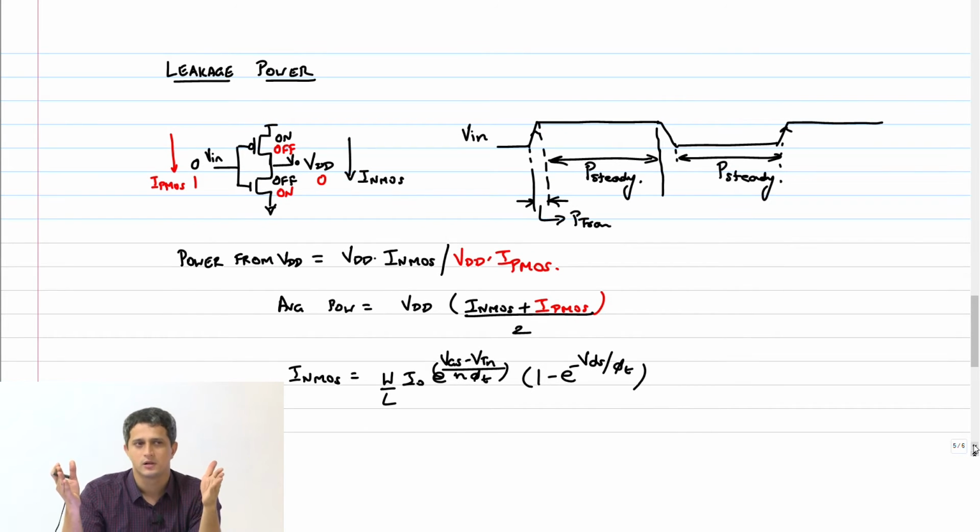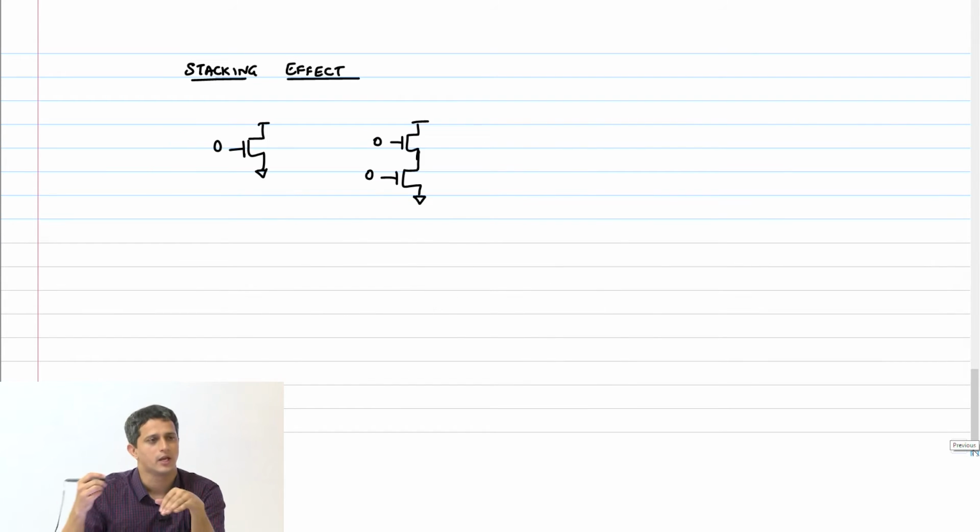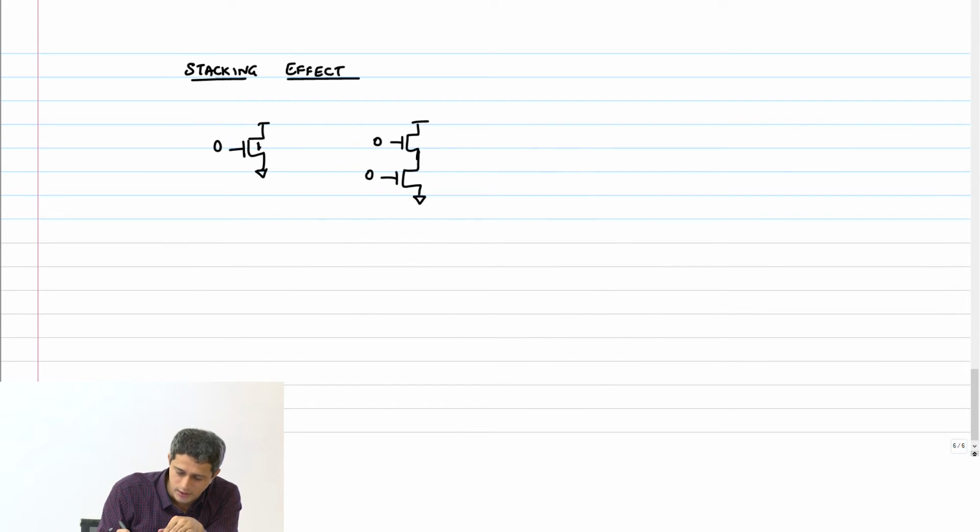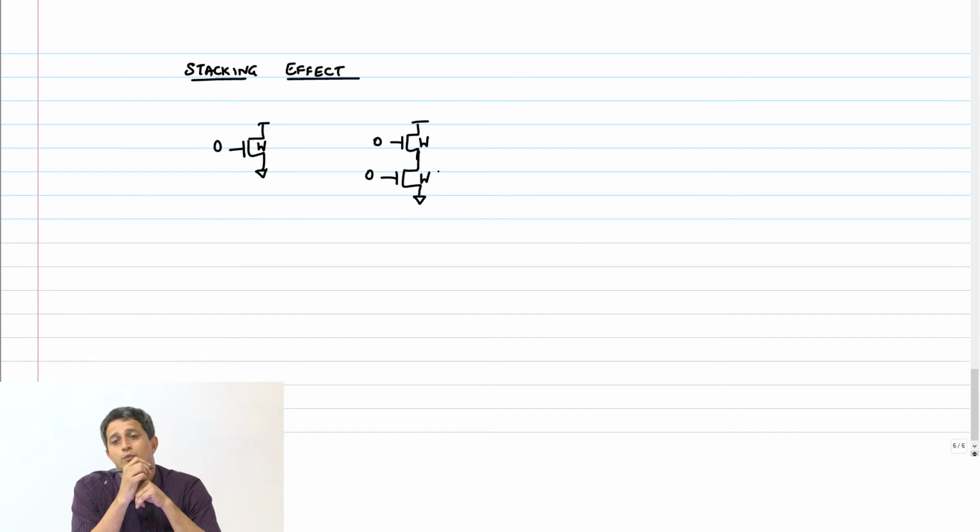Larger the width, it's going to leak more current, and it's going to go linearly. So let me say that this is W and this is also W. Now amongst these two, which one is going to leak lesser current?